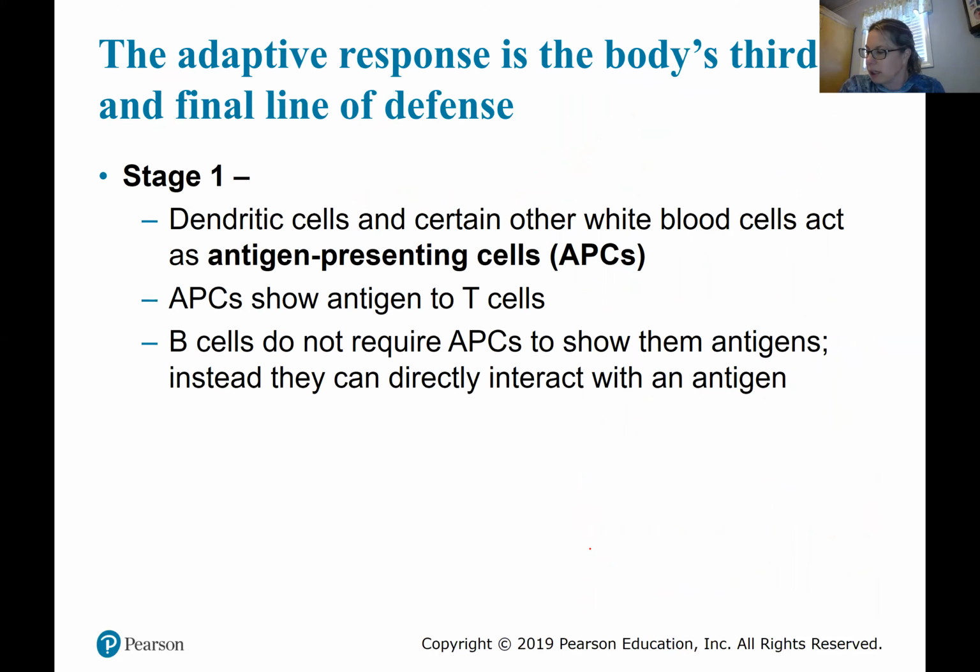fairly briefly. So stage 1. Dendritic cells, which are phagocytes. Remember, a phagocyte is a white blood cell that's going to go around and engulf foreign invaders and digest them. We talked about those last time. If you need to, go ahead and Google or search for a YouTube video on phagocytes.